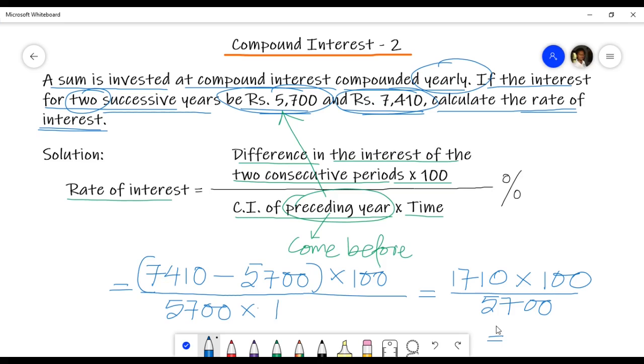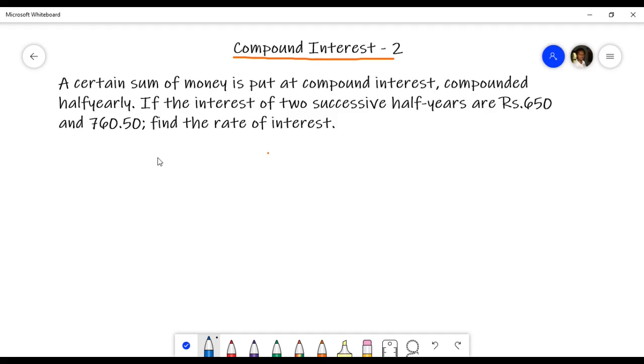Now when we simplify this further, we will get the rate of interest as 30%. So the rate of interest is 30%. So this was one of the problems based on how to calculate the rate of interest.